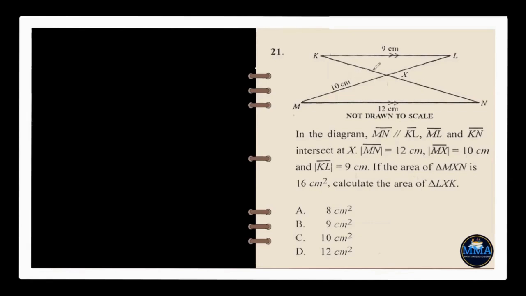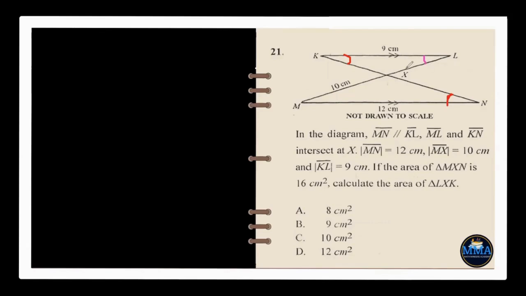Now, let's look at these two lines, KL and MN, they are parallel. Now, this angle here, marked red, is going to be alternate to this. These two angles here are equal. Now, let's mark another angle. Let's come here and mark this angle here.